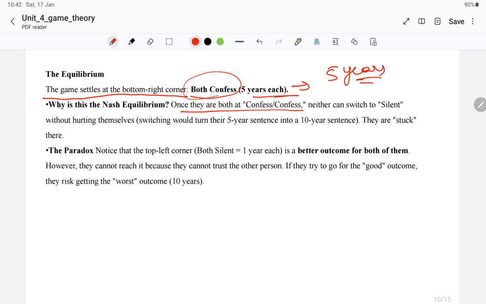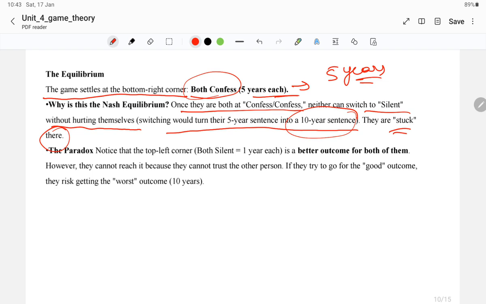Once they're both at confess, neither can switch to silent without hurting themselves, because switching would turn their 5-year sentence into a 10-year sentence. There is no incentive for them to deviate. Both would agree that confessing is the better thing, because that would not hurt themselves. Switching, one remaining silent, would result in a 10-year sentence. They are stuck there. Both will confess.